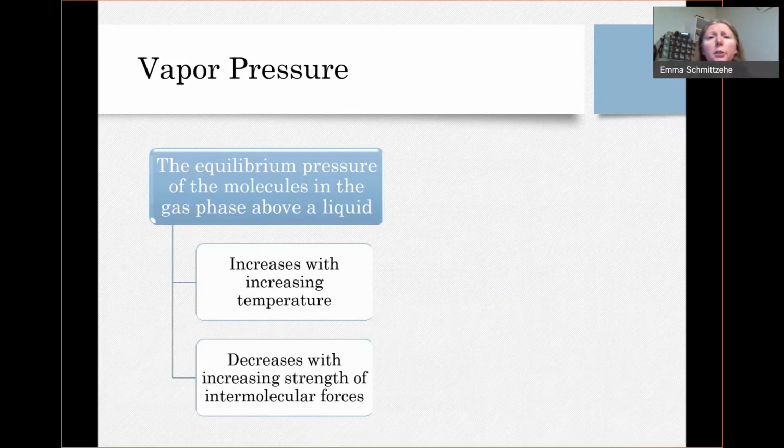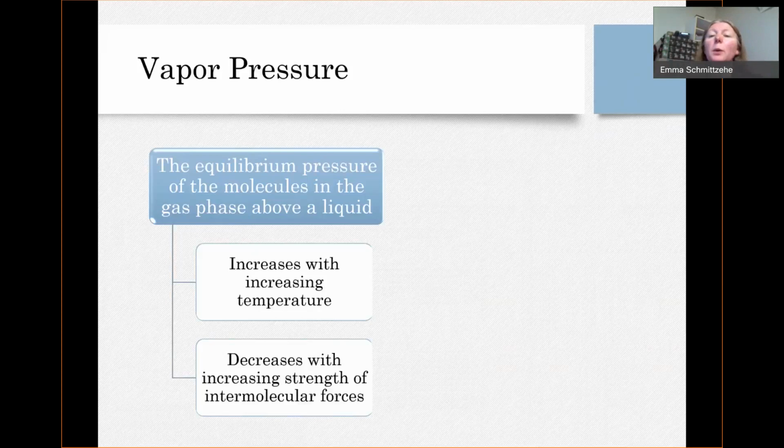But if you have a particular substance and it has certain intermolecular forces, they have a given strength, then that's going to control how much stuff can escape into the gas phase, okay? So different substances have different vapor pressures at a given temperature. But any substance you can heat up and cause the vapor pressure to go up, or you can cool down and the vapor pressure will go down, okay?